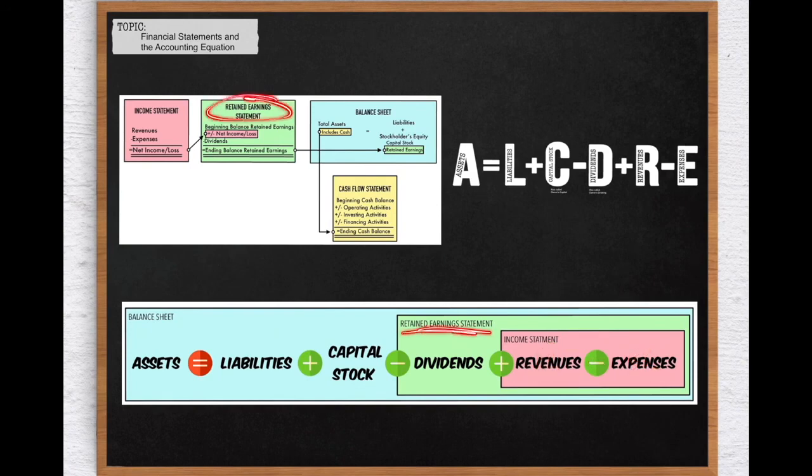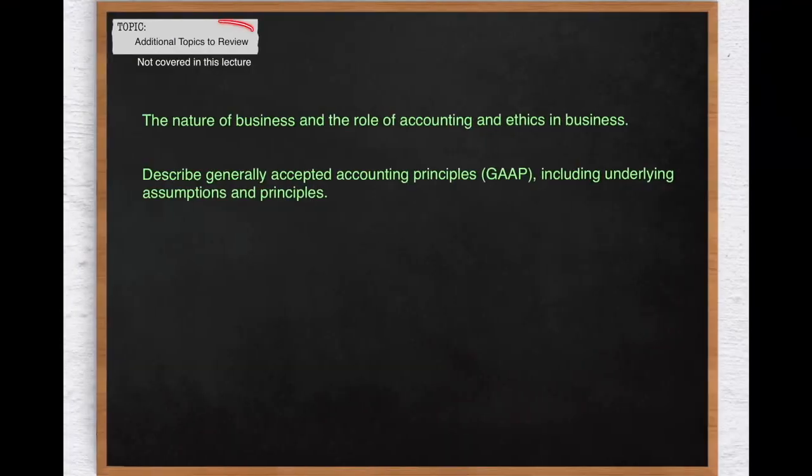The second financial statement is the statement of retained earnings, and there you take the net effect of the income statement and you combine it with the dividends or drawing. So R minus E minus D, and that will give you your retained earnings statement. The third financial statement is your balance sheet. In your balance sheet, you just make sure A equals L plus C, and then the rest of it, minus D plus R minus E. If that was too much for you, it's okay. But if you see the relationship there, you're ahead of the game.